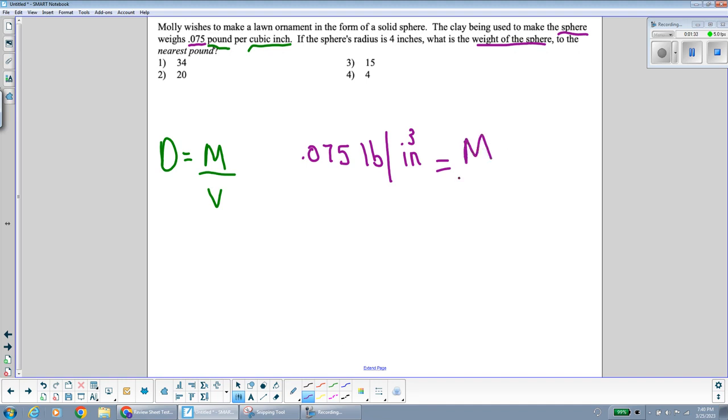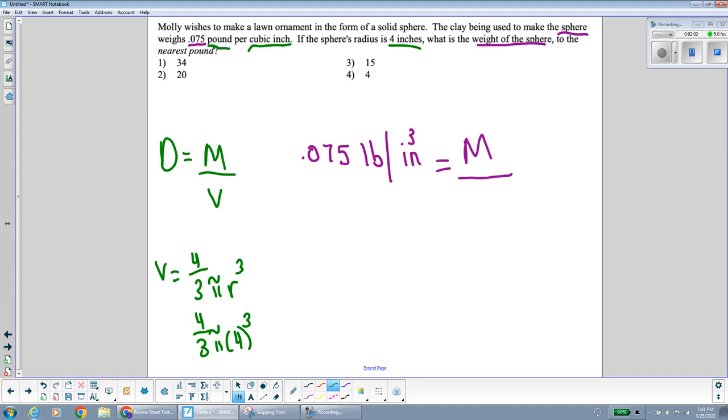We're solving for the mass, so I can't fill that in. I'm going to have to find the volume of the sphere. The volume of a sphere is 4/3 pi r cubed, and it tells us that the radius is 4 inches. So there's my volume. I'm going to stick it into my calculator so I can see what it is approximately.